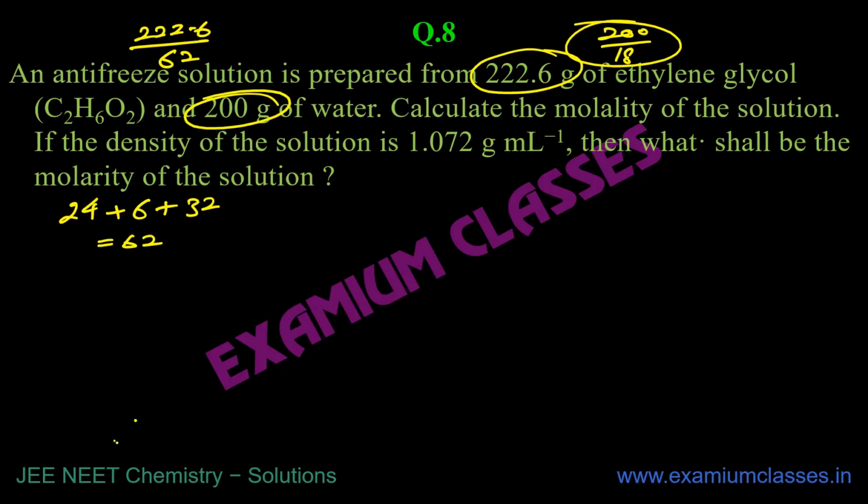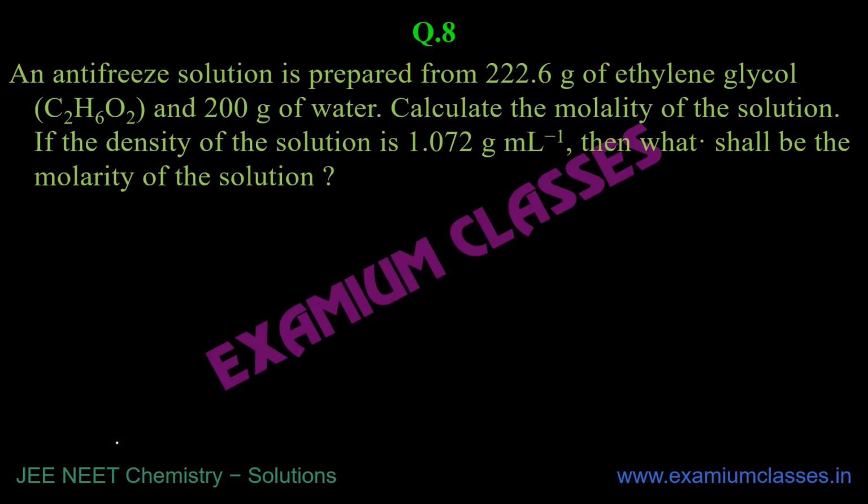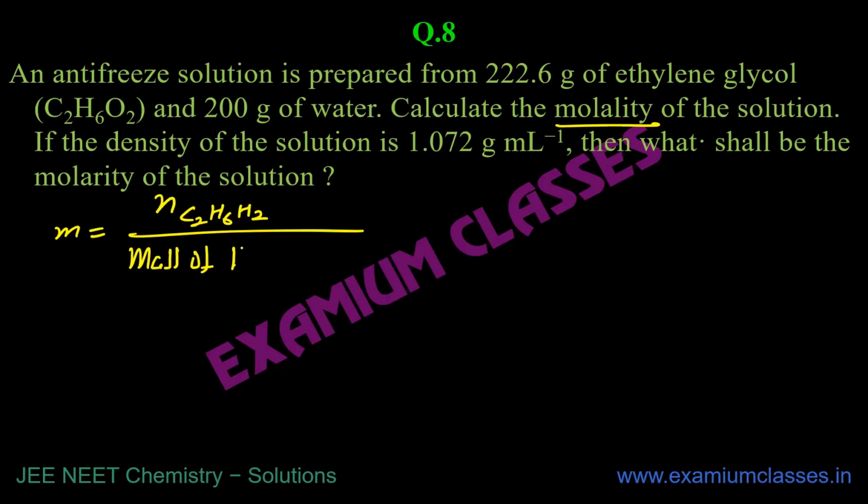So now we will proceed. Once this is clear, we have to calculate the molality. Here molality will be number of moles of ethylene glycol divided by mass of water in kg.